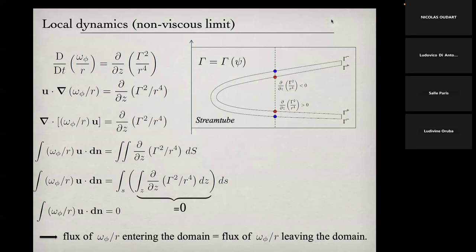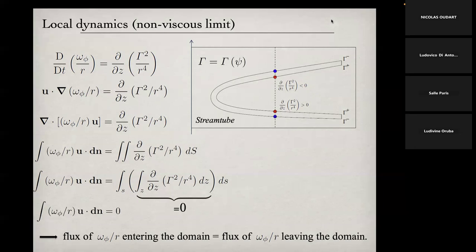Now, if we write the equilibrium between the inertial term and the vortex tilting term, the left term can be rewritten as a divergence, since we are in the Boussinesq approximation, so the flow is divergence free. And then we can integrate this equation over the stream tube here.